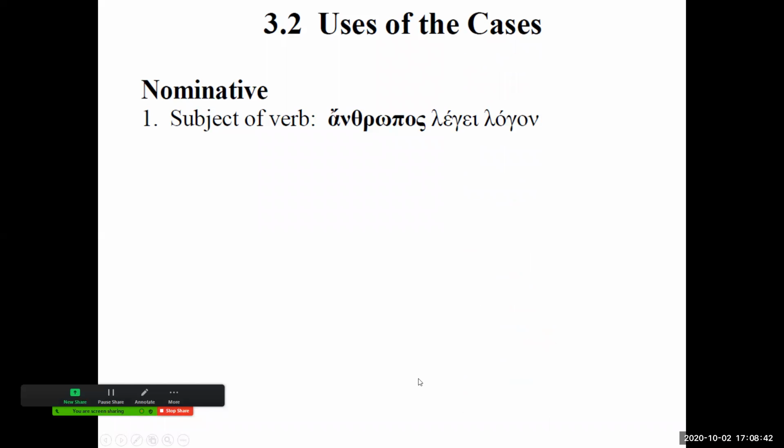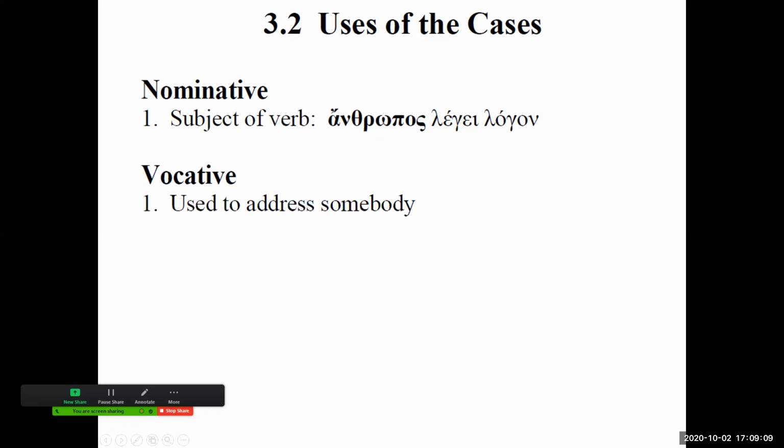No, it's not quite the next subject. We want to look just briefly at some sentences with these words in the new cases. Anthropos lege logon. Anthropos is in the nominative case. Logon is in the accusative case. So a man is speaking a word, or a man speaks a word, simple present, either one.